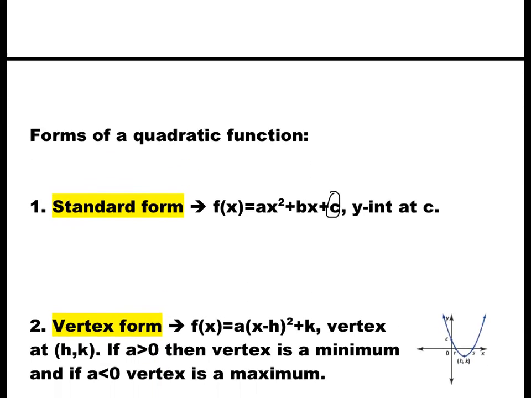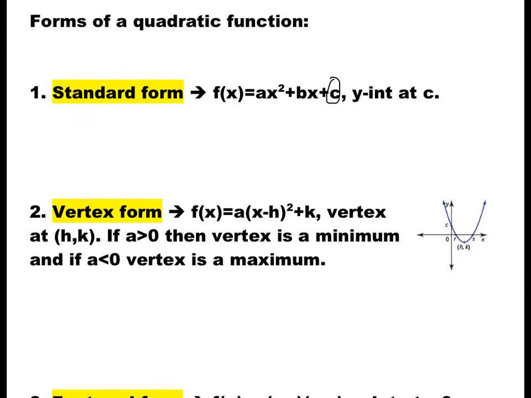The second form of a quadratic function is the vertex form, which is written in the form of a times x minus h squared plus k. Now, the advantage of using vertex form is that by looking at the equation we can easily find the coordinates of the vertex, which is going to be h and k.